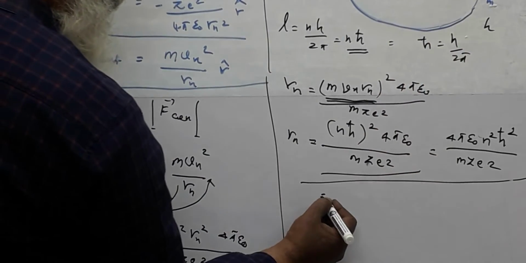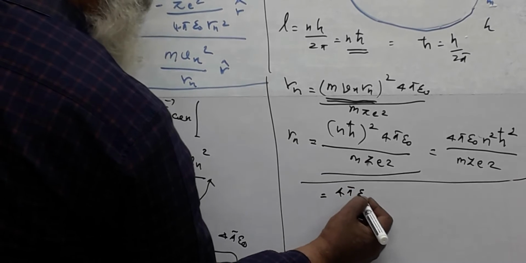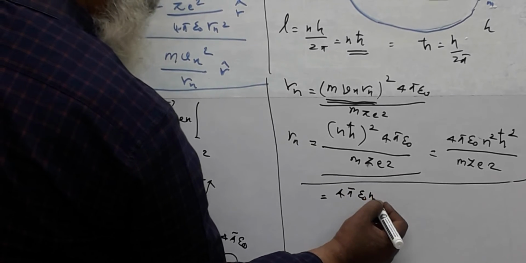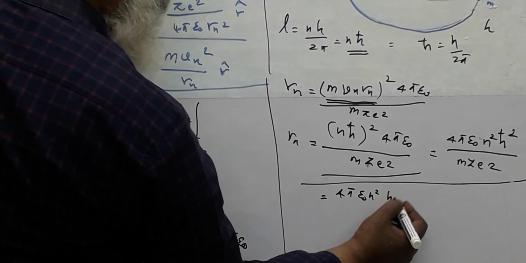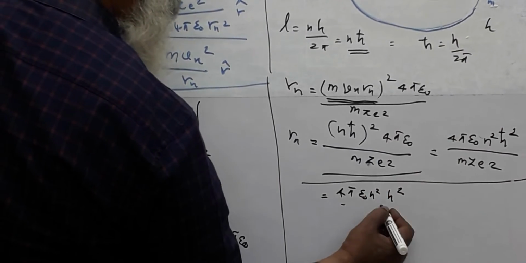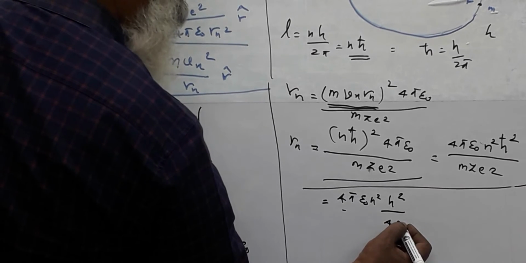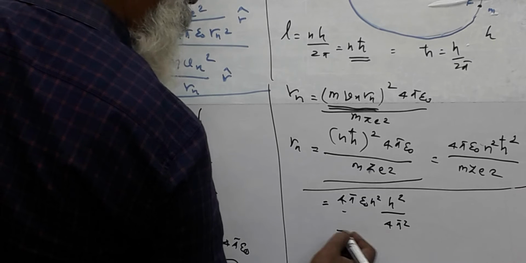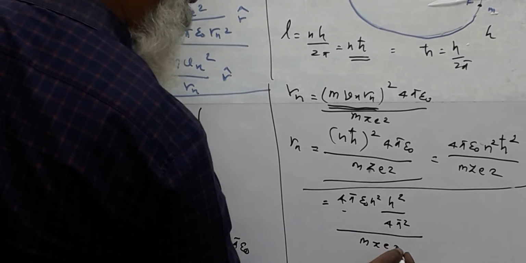Then what will happen? 4 pi epsilon naught n square, instead of h square you put h square divided by 4 pi square, whole thing divided by m z e square.